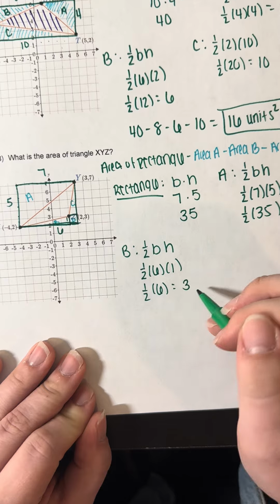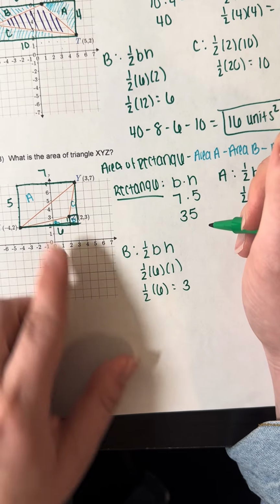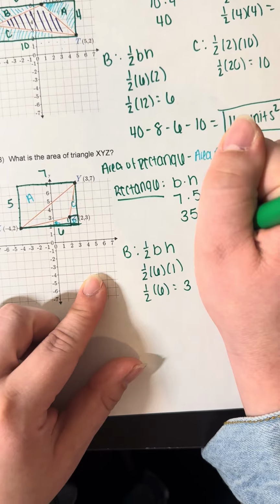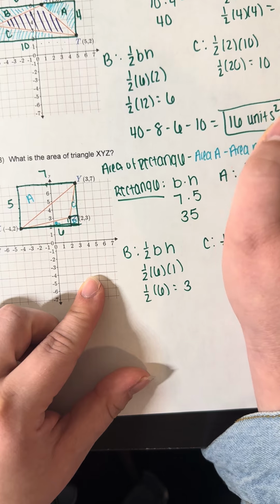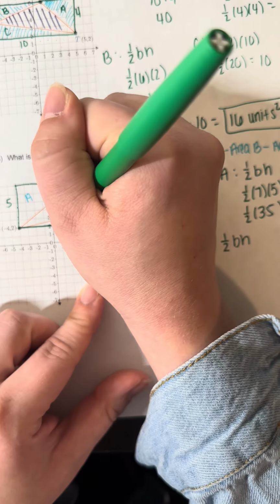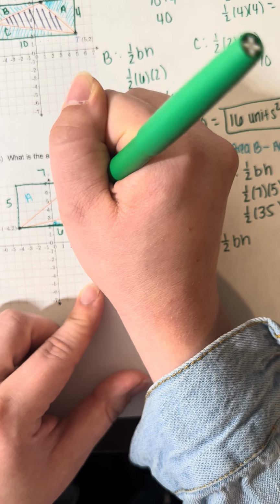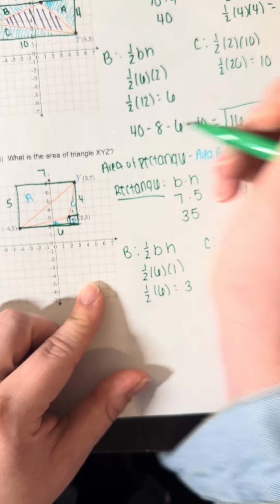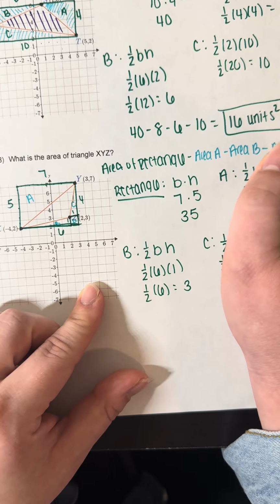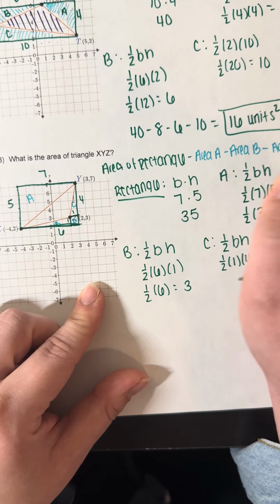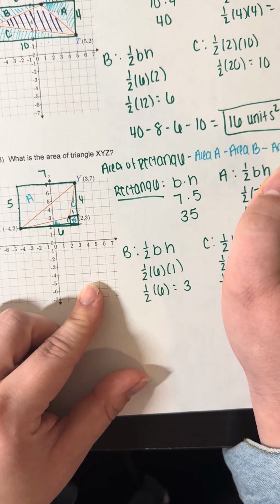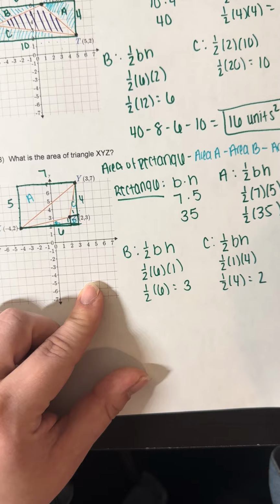So that B area is just 3. And then I got the C triangle over here. That's half base times height again. So I went over 1, up 1, 2, 3, 4. So half, 1, and 4. 1 times 4 is 4, and half of 4 is 2.